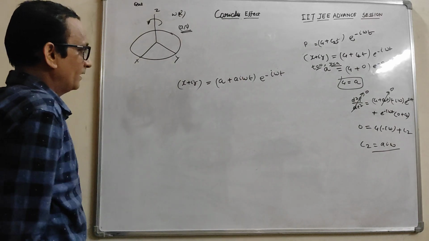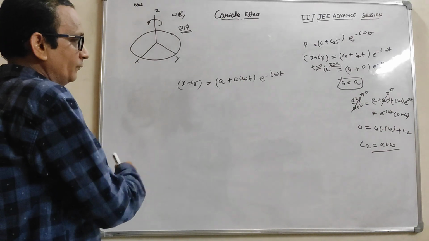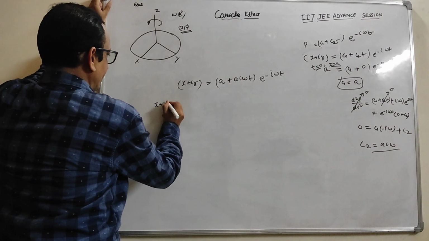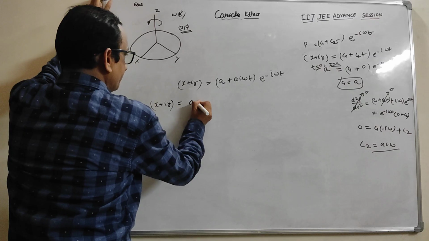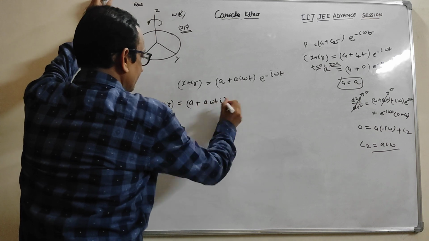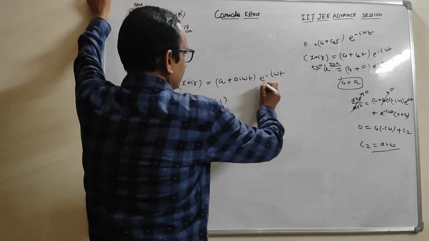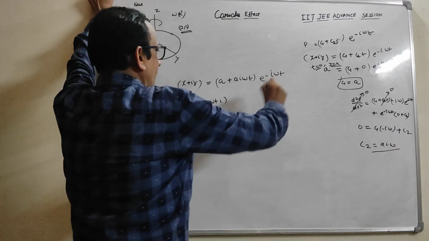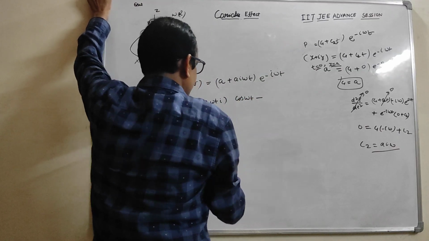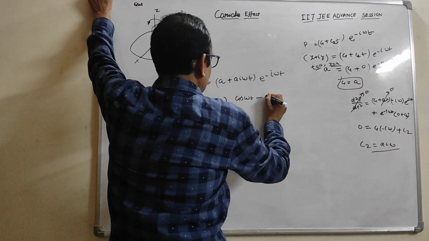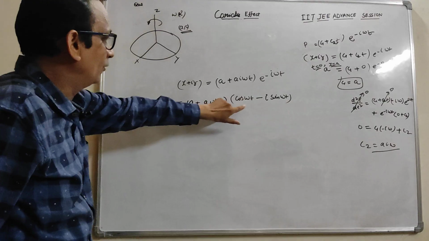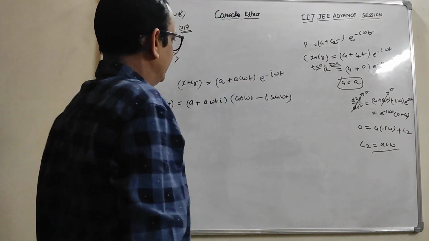This is Euler's formula, cos omega t plus iota sin omega t. So x plus iy would be a plus a omega t iota. This is a complex number, and this would also be expressed as a complex number: cos omega t minus iota sin omega t, for e raised to power minus iota omega t.